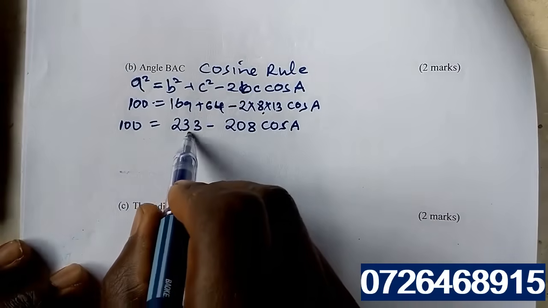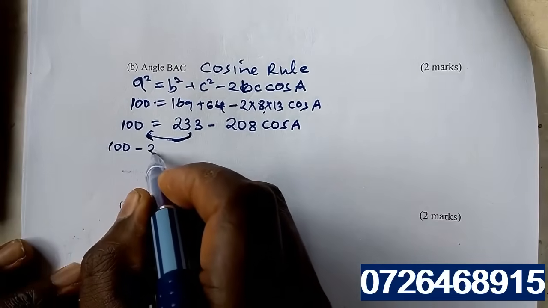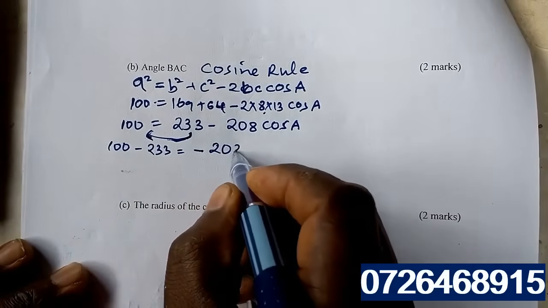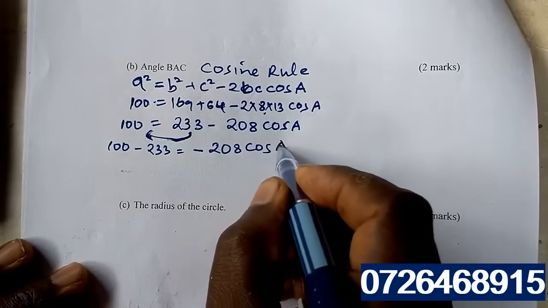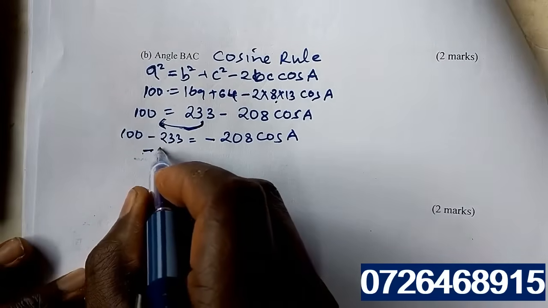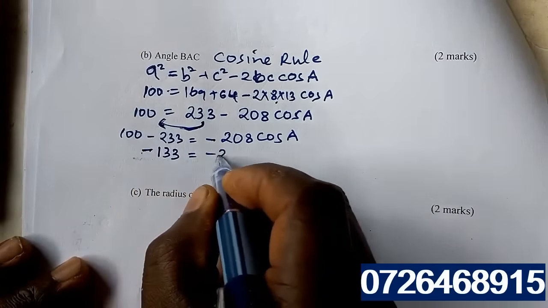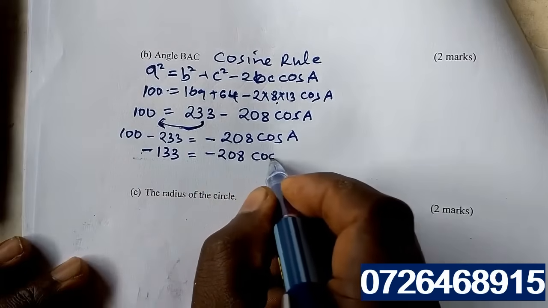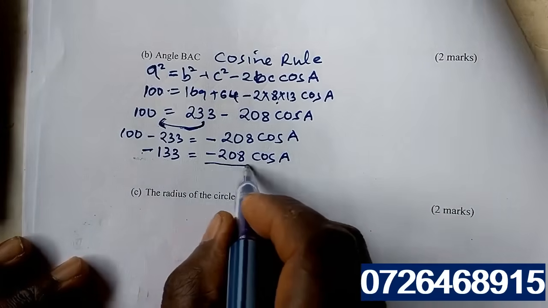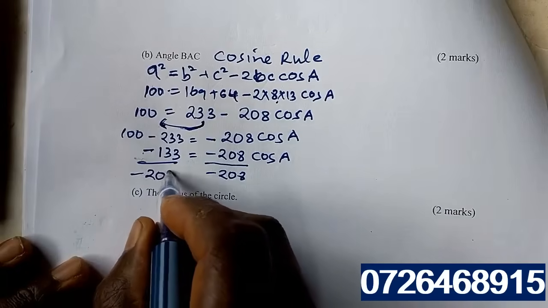This we take to the other side. It will be 100 minus 233 is equal to minus 208 cos A. Now we subtract here, we are going to have minus 133 is equal to minus 208 cos A. We want to remove this number here, so you divide both sides by negative 208.